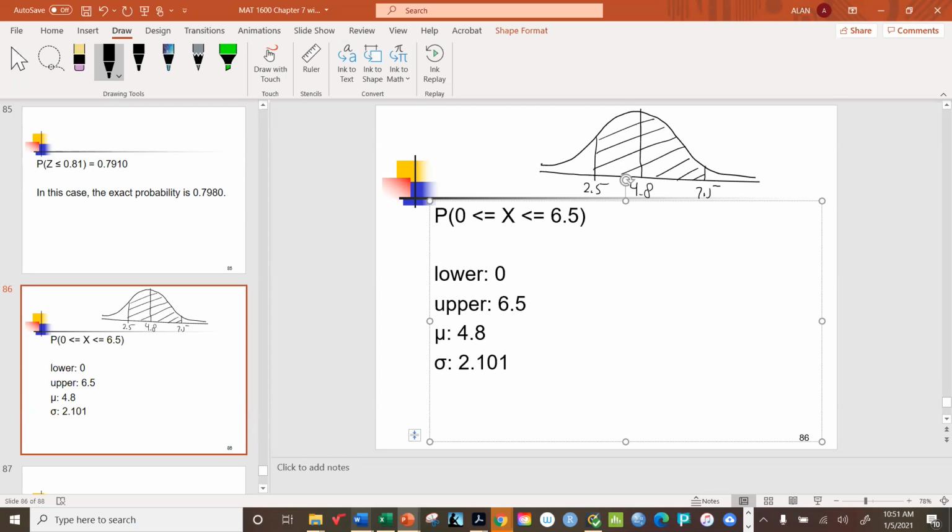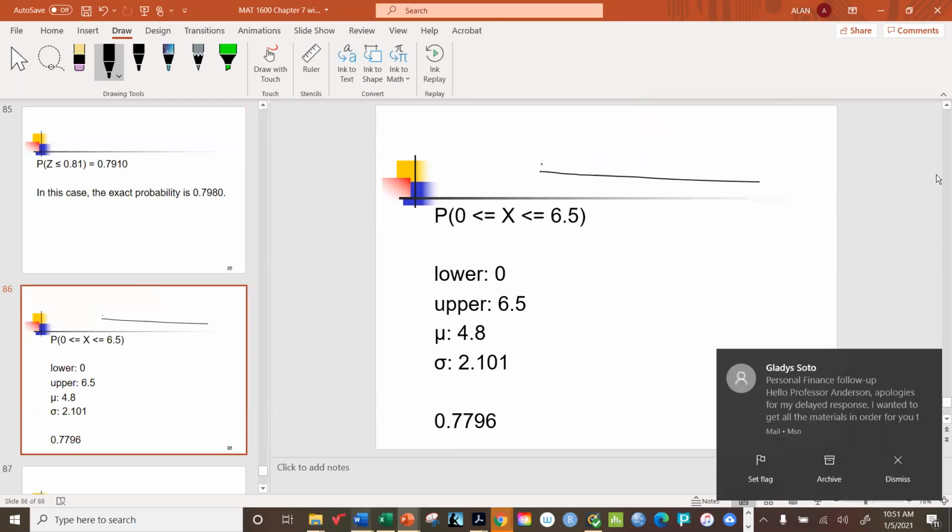Okay, so the lower is 0, the upper is 6.5. And that's 0.7796. Ooh, so you can see we're losing some approximation here. It's getting a little bit off.